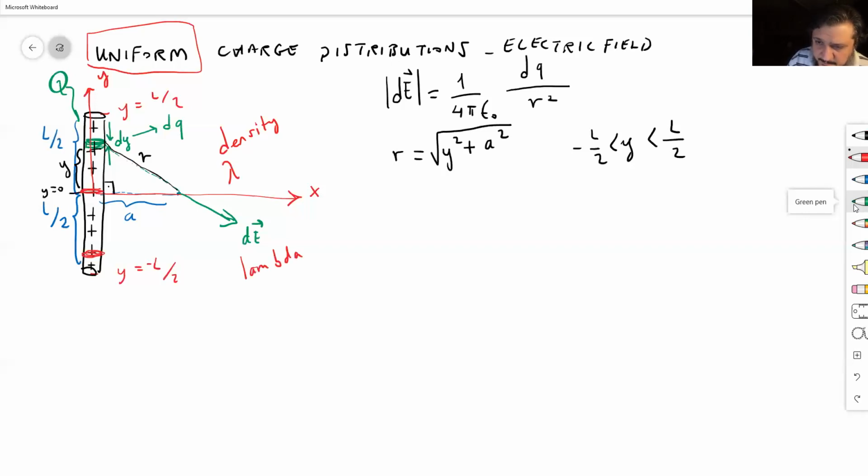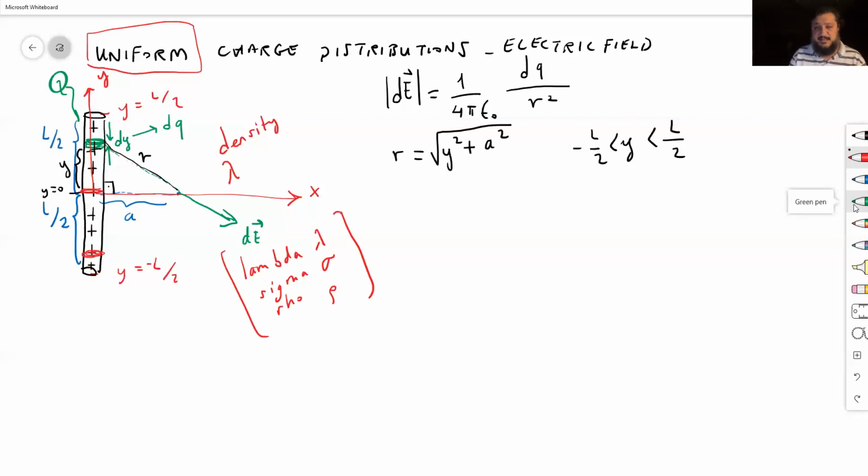Sigma for area, the charge distributed over a rectangular plate. The density would be sigma, just notation, all right? And for a volume, that would be rho. Okay, just common letters which are used for density. You can use your own letter if you like, I don't care, right?